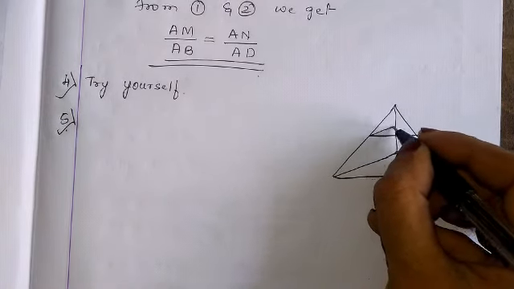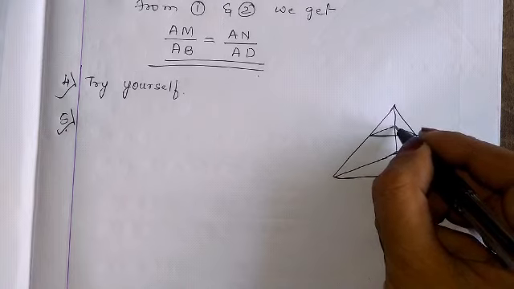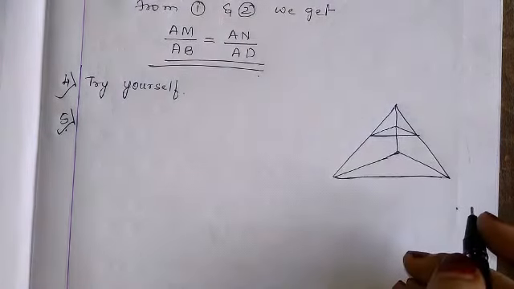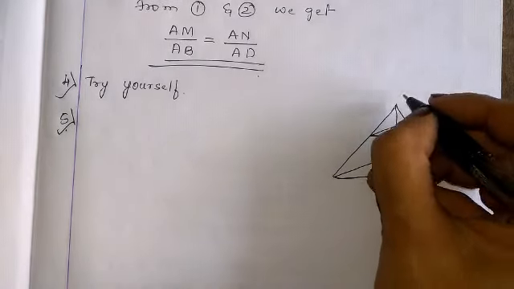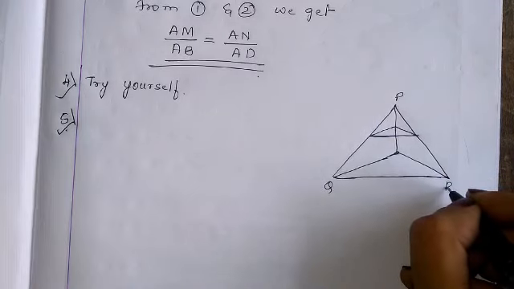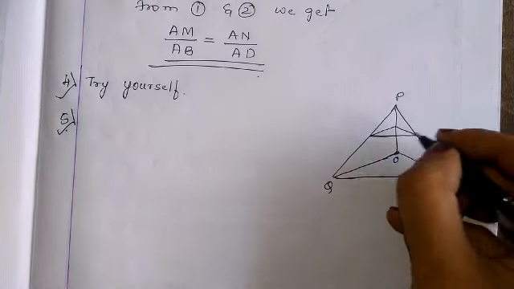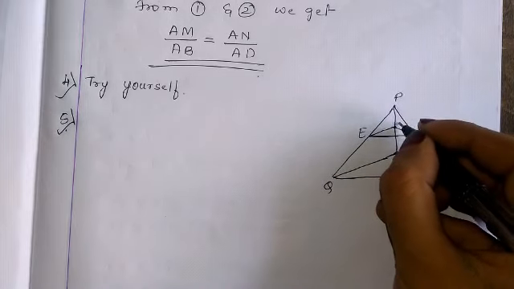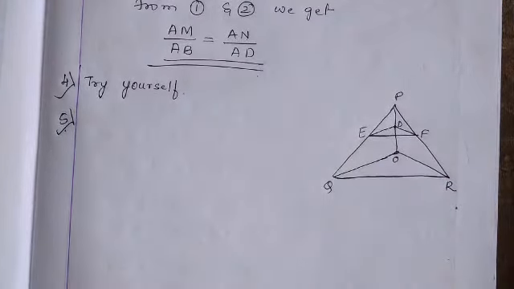Like this way they have drawn. So I have drawn the rough figure. Now let me write the given points: P, Q, R, O, E, F, and this is the point D. Let us start now.